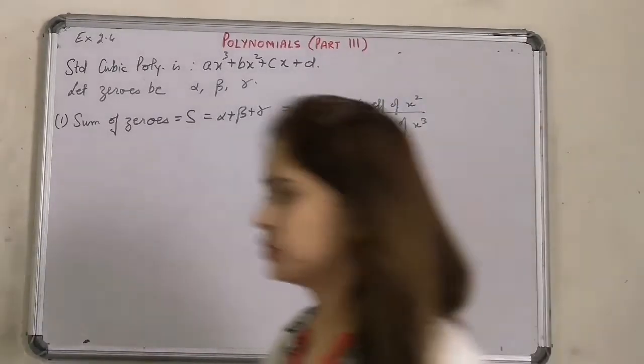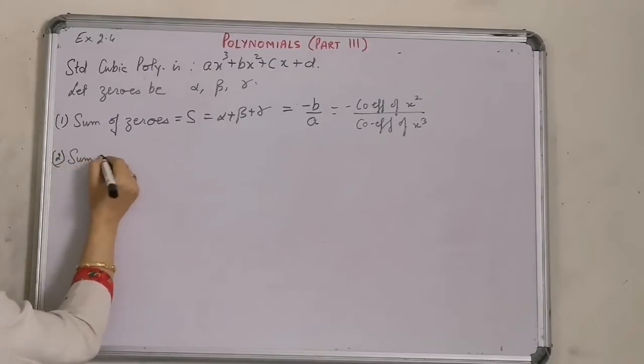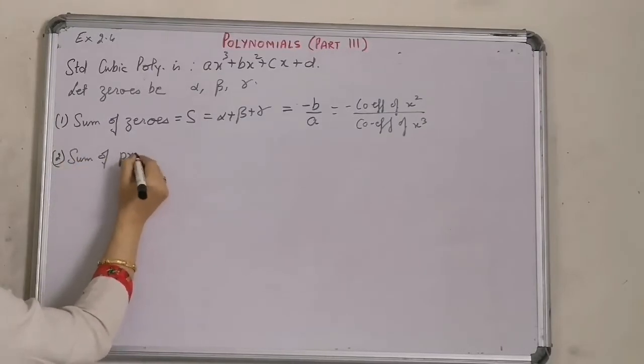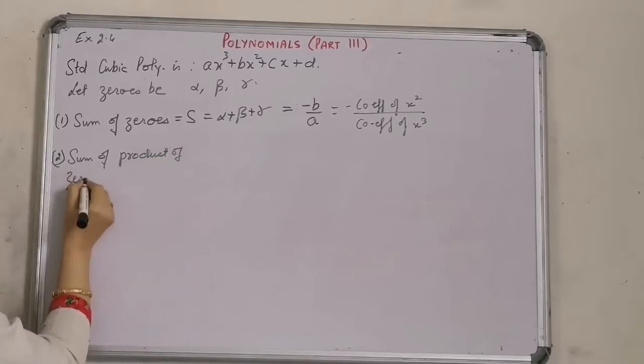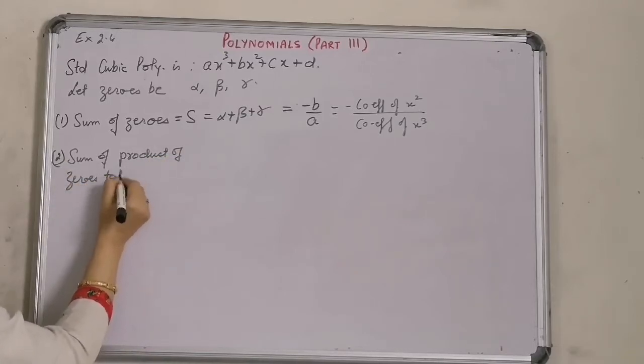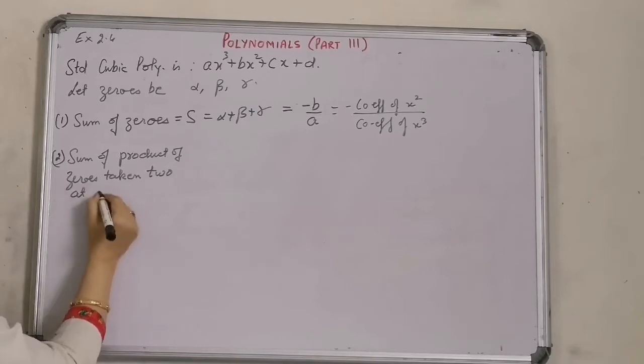The second relationship is the sum of product of zeros taken two at a time. What does this mean?